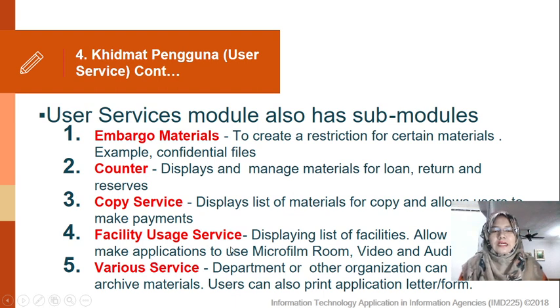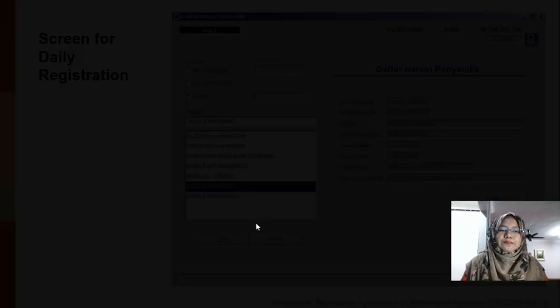And facility usage service, displaying a list of facilities, allowing users to make an application to use the microfilm room, video and audio. And also various services including the department or other organization can borrow the archive materials. Users can also print application letter or form.